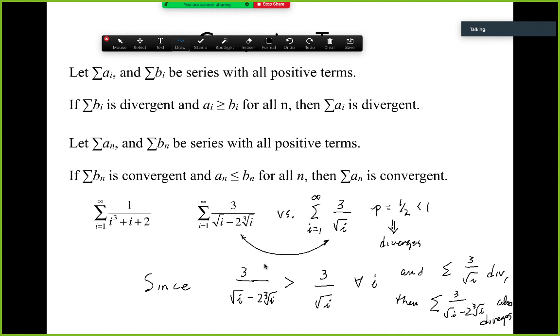For every term, the one we're analyzing is greater than the terms of a series that diverges. It's bigger than something diverging, so therefore this also diverges. And this is called direct comparison, or just comparison.